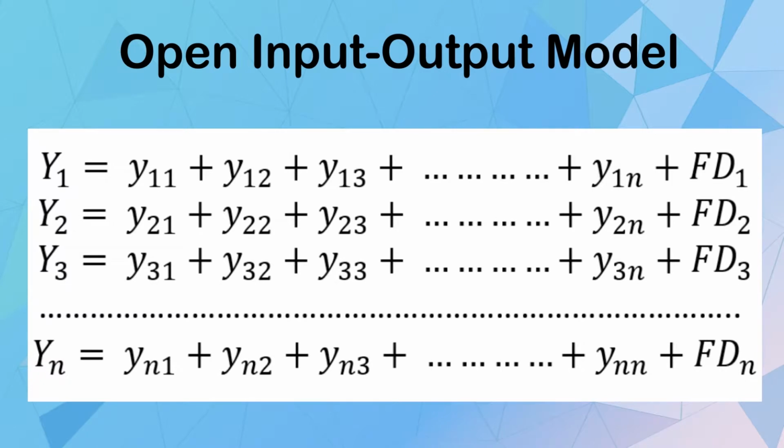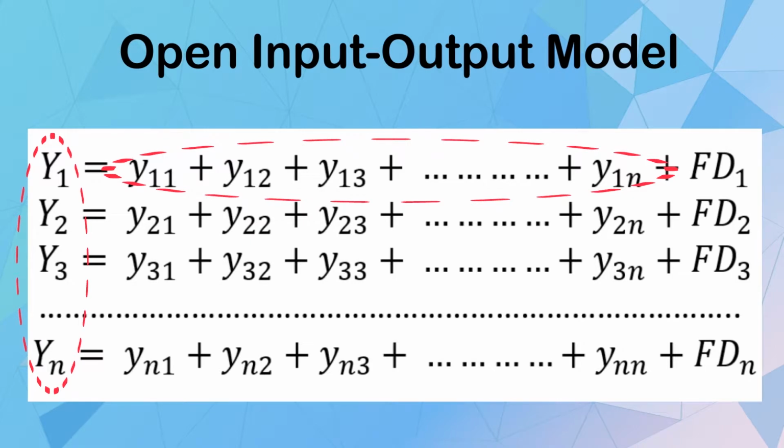The general mathematical formulation of the open input-output model looks like this. Y1, Y2 up to Yn are the total output of the n sectors. Y11, Y12 up to Y1n and up to Ynn is the output of one sector used as input in other sectors.